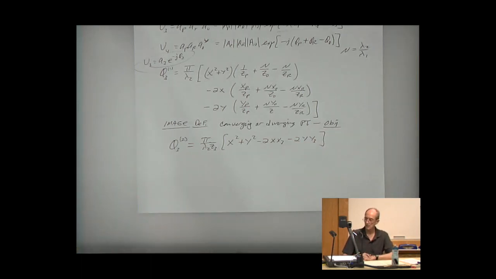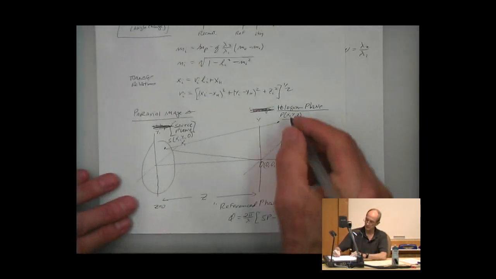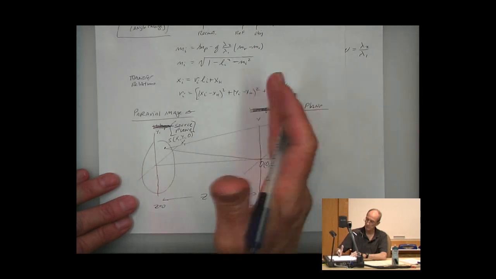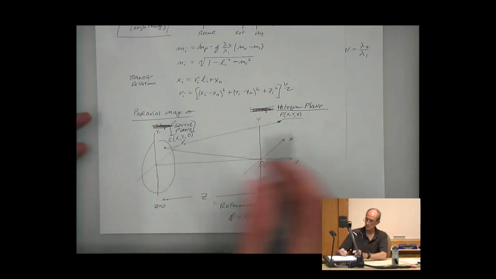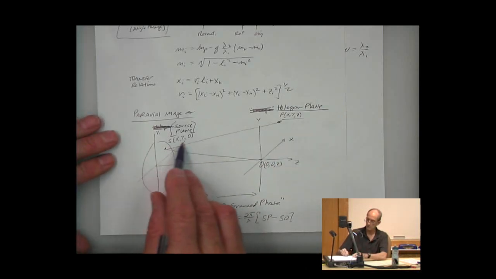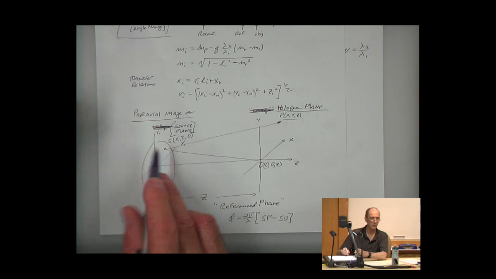And what that corresponds to is we have some point here, x and y, and when we illuminate this with our UP, we are getting convergence to a point out here, and we're going to call that point x3, y3.